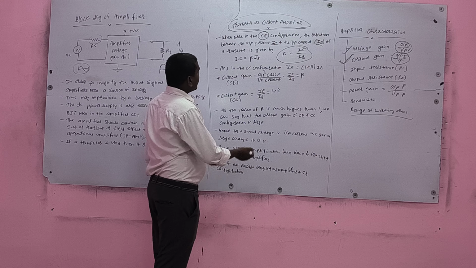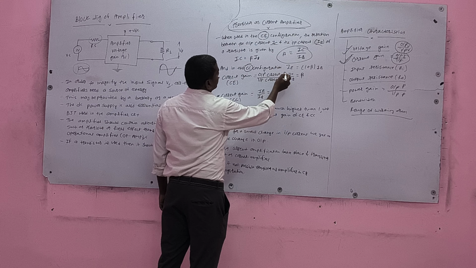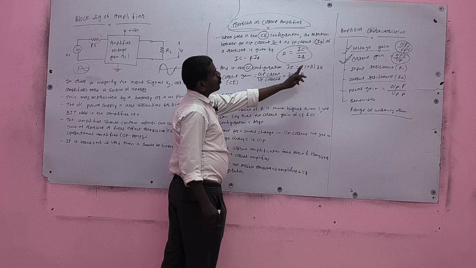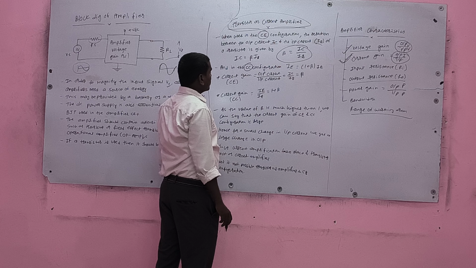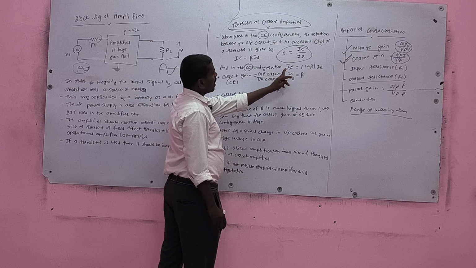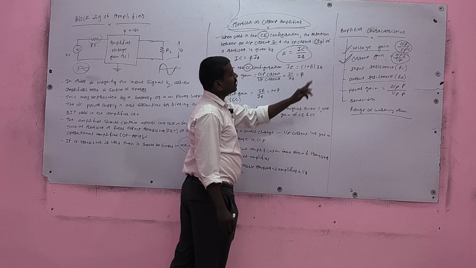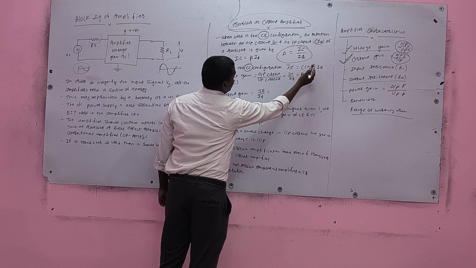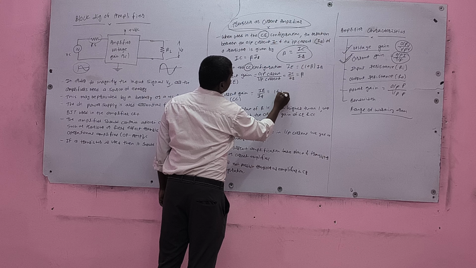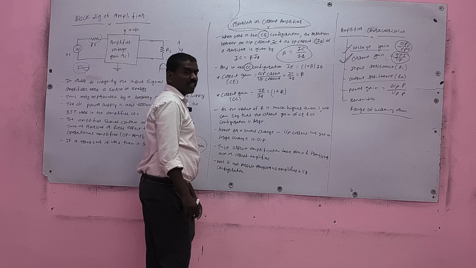Okay. And for CC configuration, IE is equals to 1 plus beta into IB. For CC configuration, IE is equals to 1 plus beta into IB. That means for CC configuration, IE divided by IB is equals to 1 plus beta, where beta is a current gain.